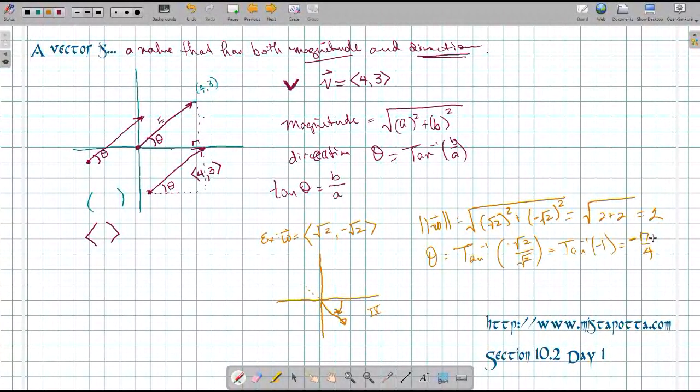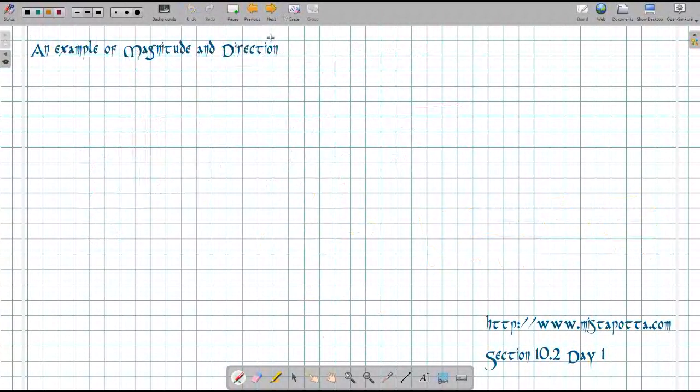Now I could also talk about this from the standpoint of, what if I have the magnitude and direction and I want to find the components of my vector? Let's say that I know that my vector is 12 units long at an angle of theta equals pi over 3.